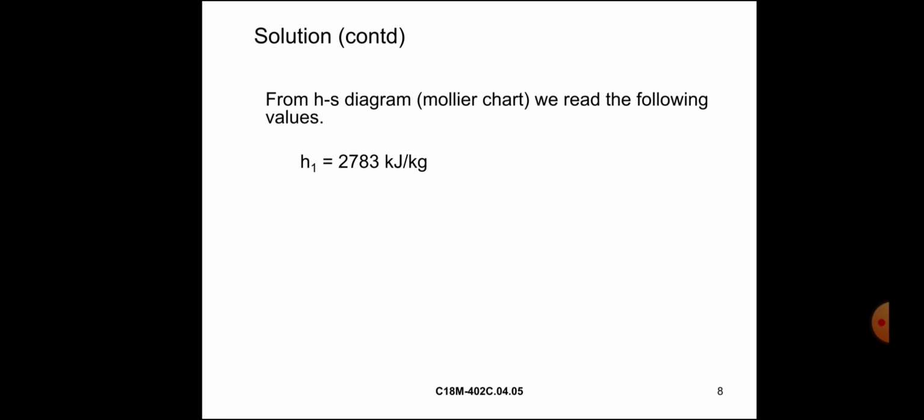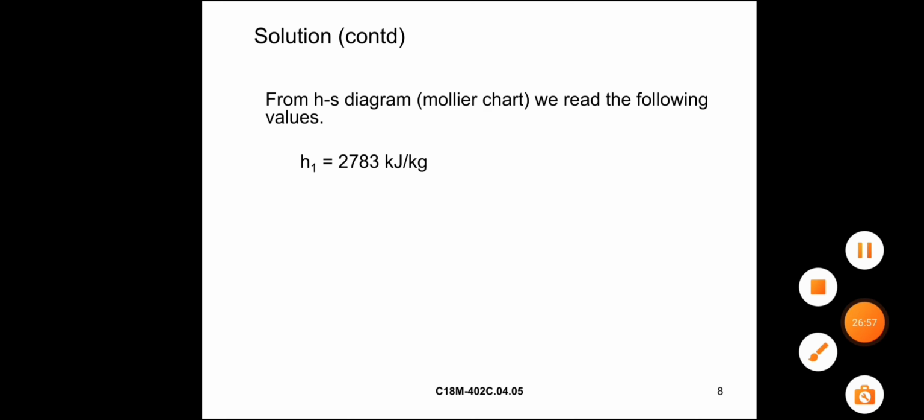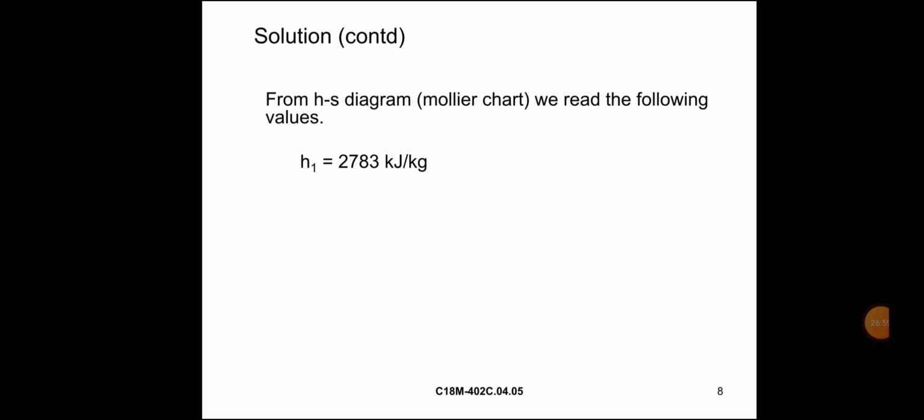Solution. From the HS diagram, Mollier chart, we read the following values. H1 is equal to 2783 kilojoule per kg, H2 is 2683 kilojoule per kg, H3 is 2480 kilojoule per kg, X2 is 0.962, and X3 is 0.894.